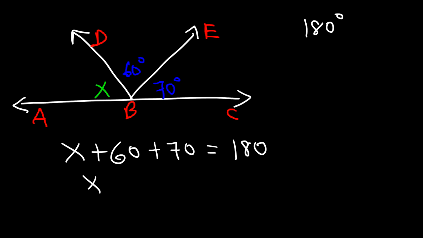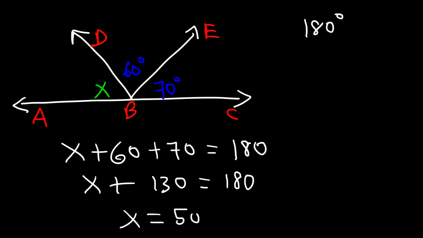Now 60 plus 70 is 130. And to find the value of x, we need to subtract both sides by 130. So 180 minus 130 is 50. So that's the value of x, which is the measure of angle ABD, or you can call it angle DBA.